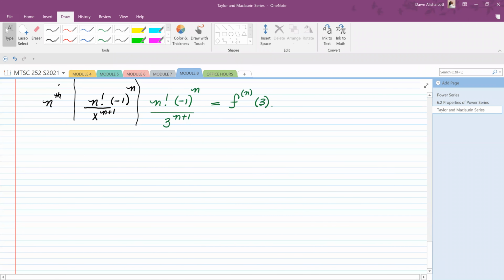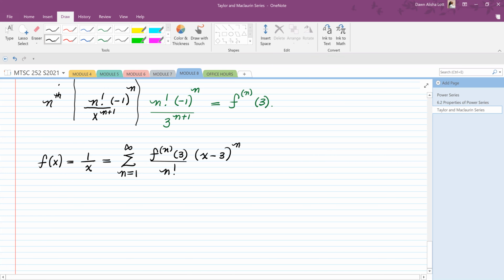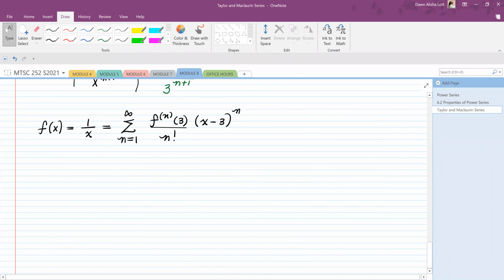Okay, so therefore I have f of x equaling 1 over x is the sum n equals 1 to infinity of the nth derivative at 3 divided by n factorial times x minus 3, oh yeah, to the n. So now this becomes the sum.